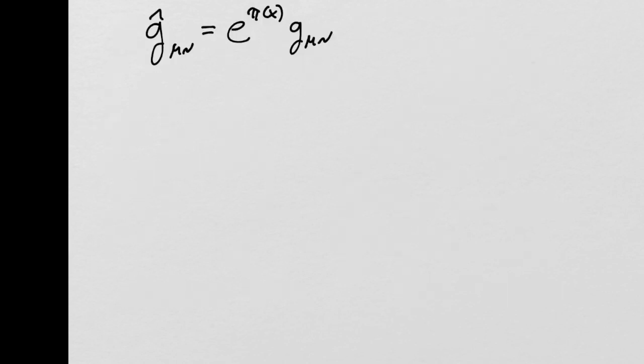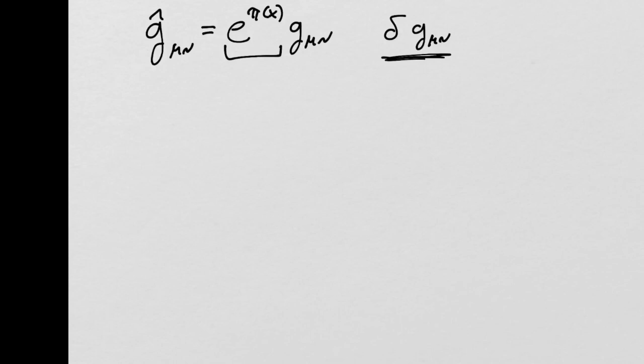So I begin with the actual core of the transformation. The metric is changing by this conformal factor. Then I'm going to ask, what is the variation of the metric under a conformal transformation?